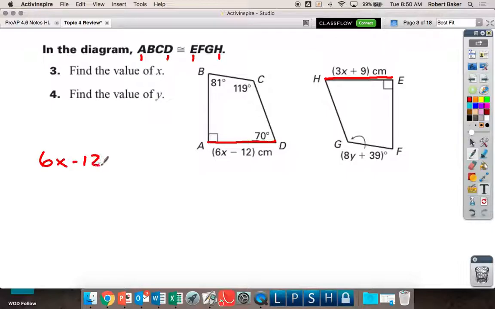6x minus 12 is equal to 3x plus 9. And it's your job to solve for a value of x. Me personally, I would add 12 to both sides.